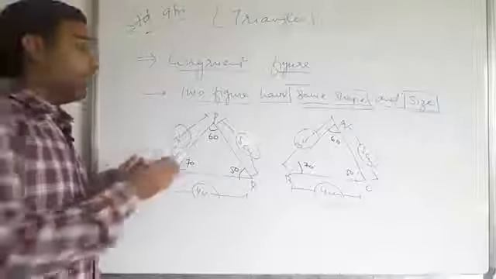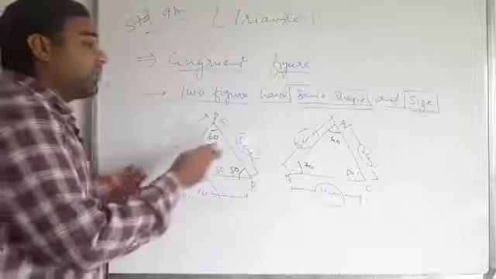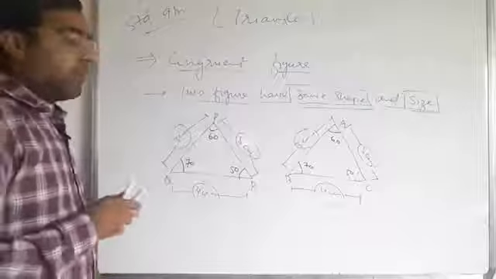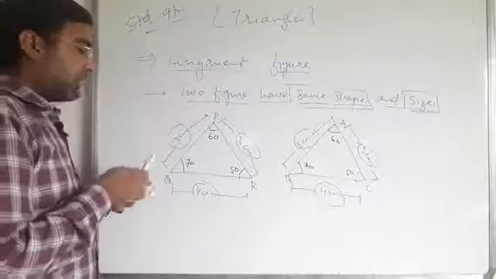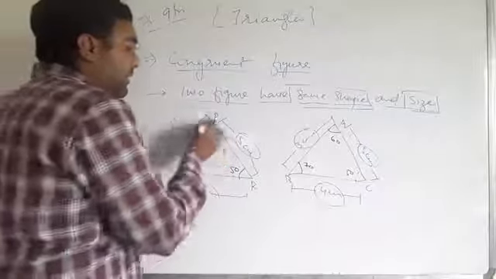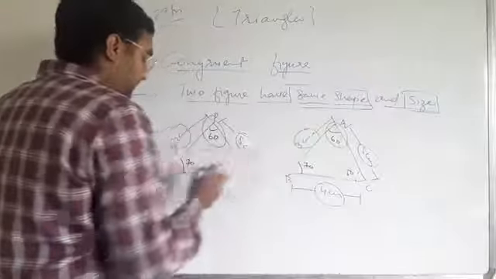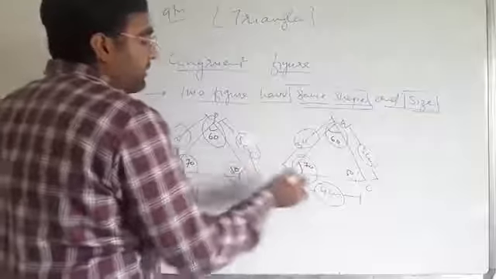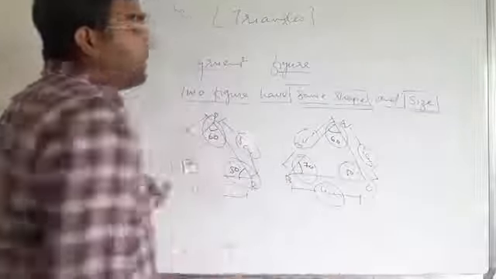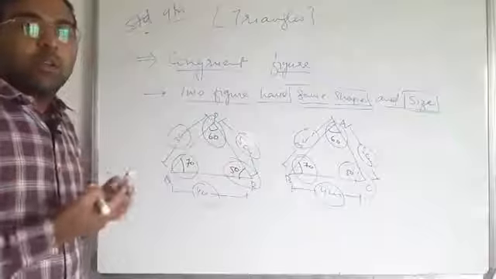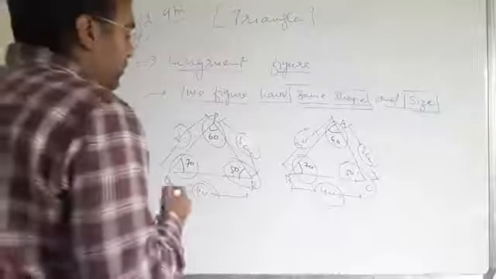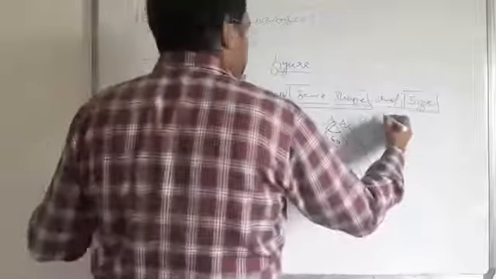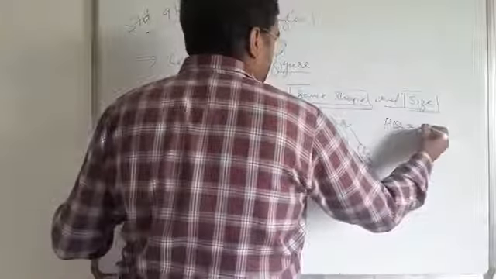So here all of my angles are correspondingly equal to each other. My corresponding angles, that is angle P with angle A, angle Q with angle B, and angle R with angle C, are equal to each other. So that's why all my sides are equal: PQ is equal to AB.